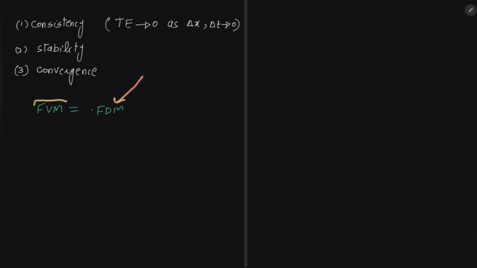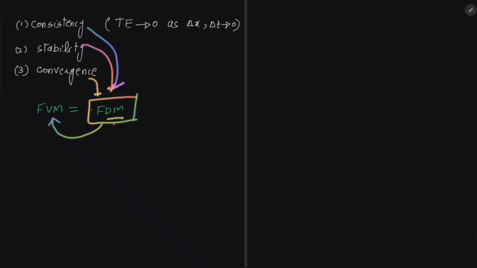The formula for these two methods is the same, as I already mentioned to you. So we don't have new criteria like consistency, stability, and convergence for the finite volume method. We have these criteria available from the finite difference method, and when we apply that to the finite difference method, it automatically is applicable to the finite volume method as well.